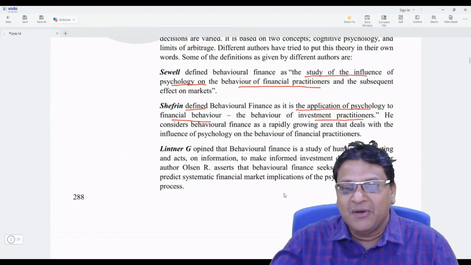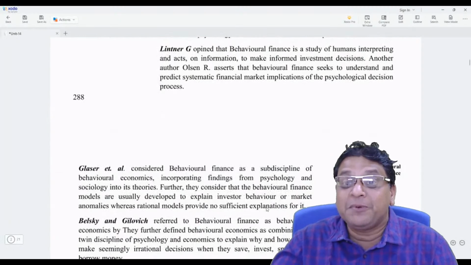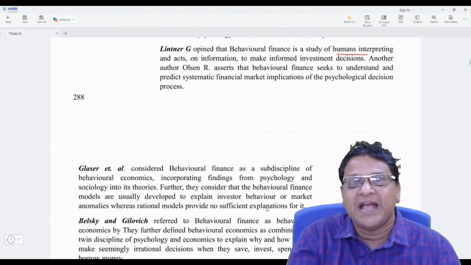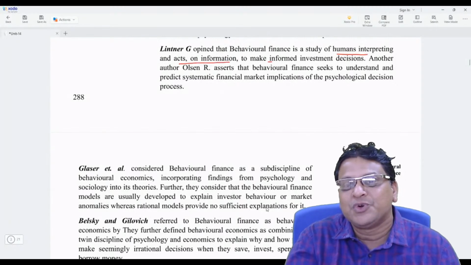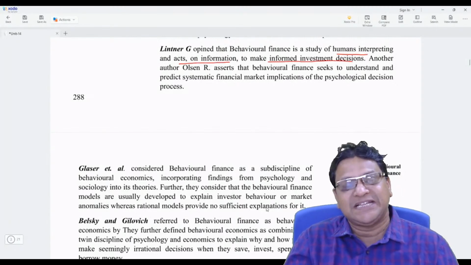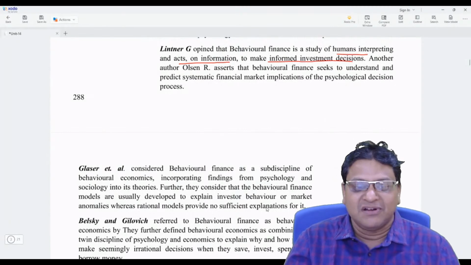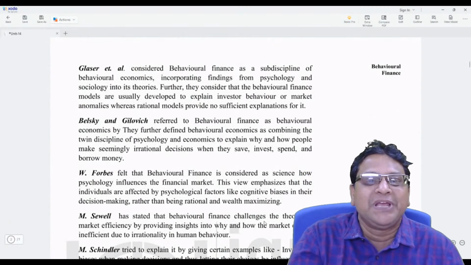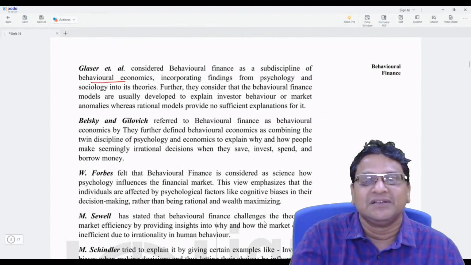And Linter opined that behavioral finance is a study of humans interpreting and acting on information to make informed investment decisions. Glaster considered behavioral finance as a sub-discipline of behavioral economics.